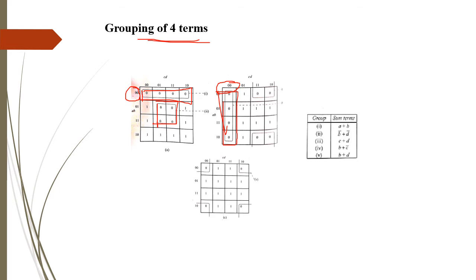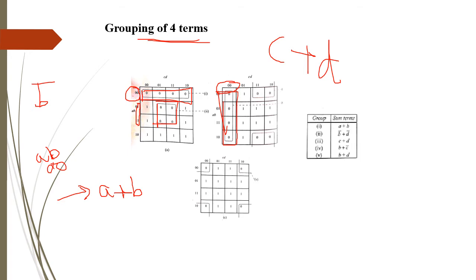If I consider the first one, I have 0, 0 corresponding to AB, so I am going to get A plus B. Similarly here, if I consider the column, then you have C plus D. And if I consider this, B is the same, so I have to write it as B bar, and if I consider 0, 1 and 1, 1, D is the same, so I have to write it as D bar. So this is how you group 4 terms together.